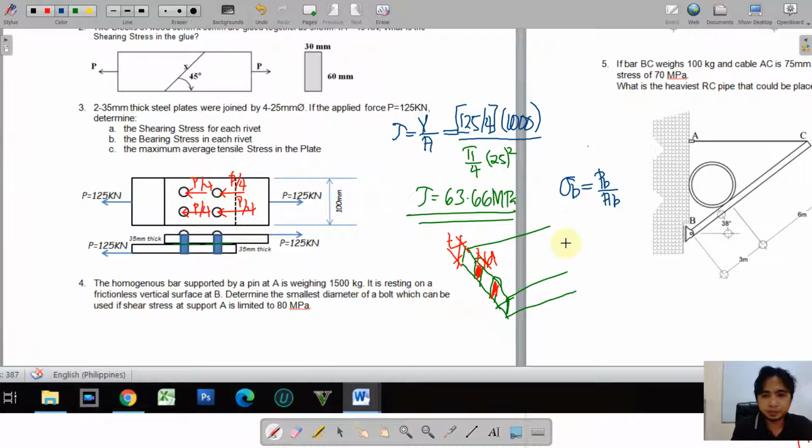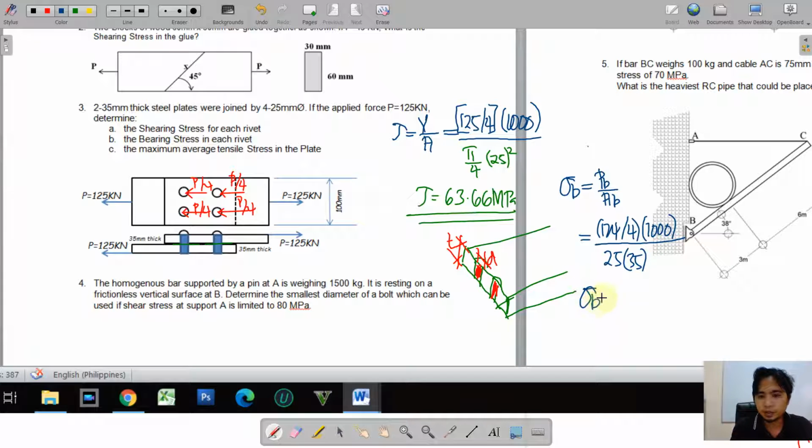So simply we substitute. Of course, a rivet will absorb P over 4 again on the bearing effect. Of course, this is times 1000 to make it in newtons, and then for the bearing area is diameter times thickness, and the diameter is equivalent to 25 times the thickness of 35.